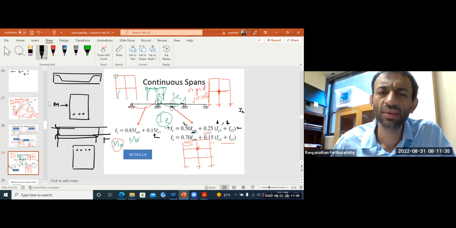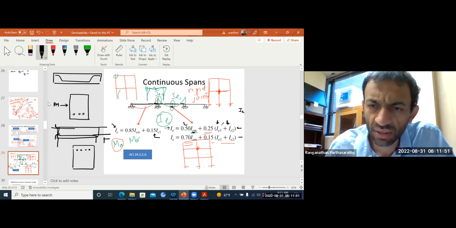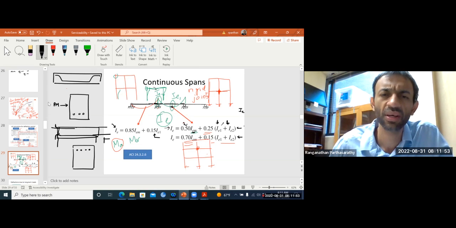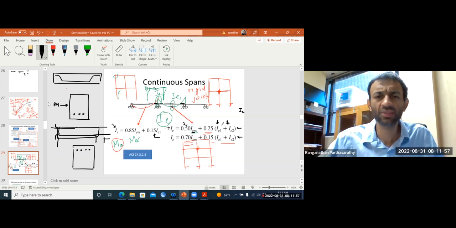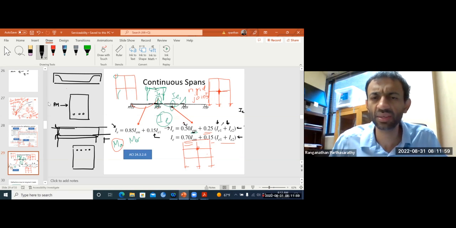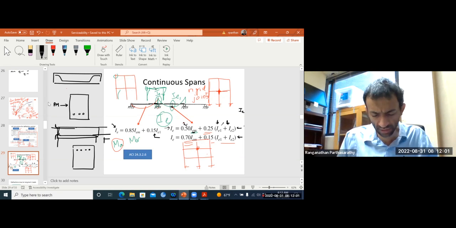When only one side is continuous, like this side is simply supported and this is continuous, then you have IE1 in this region, and in this region you have IEM. So you go with this formula. And this is an alternative to the first formula, where there is some particular instance where the 0.7 is more accurate.